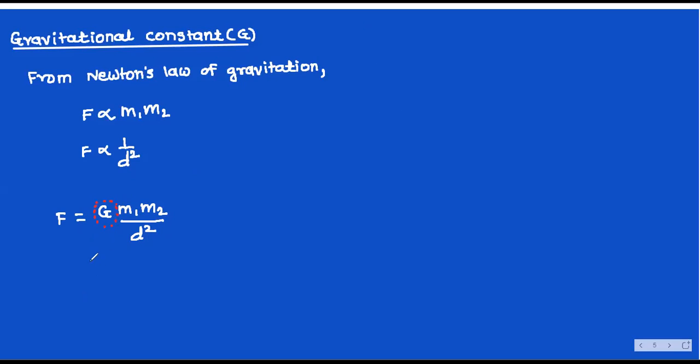So can I rearrange this now? I am transferring this side. So F D square is equal to G into M1 into M2. And therefore I am getting the formula like this: G is equal to F D square divided by M1 into M2. Now F is what? Force.